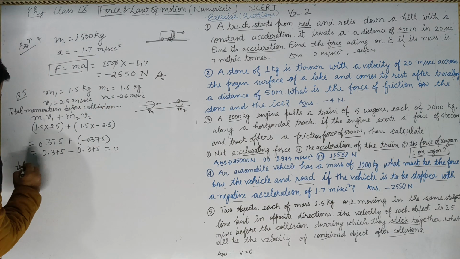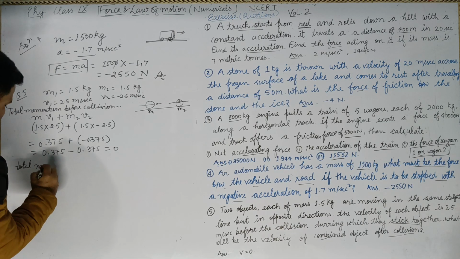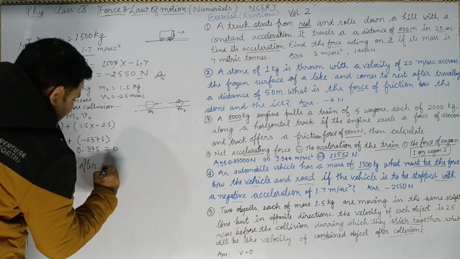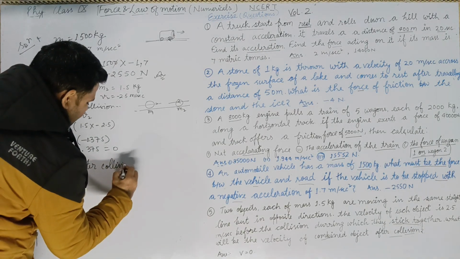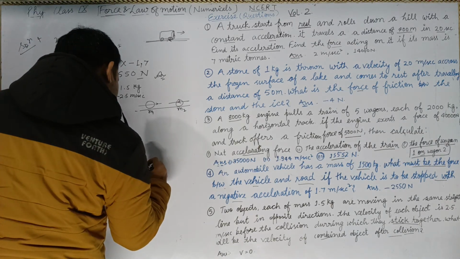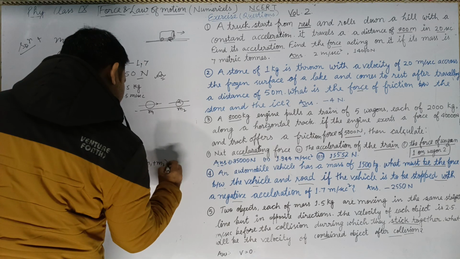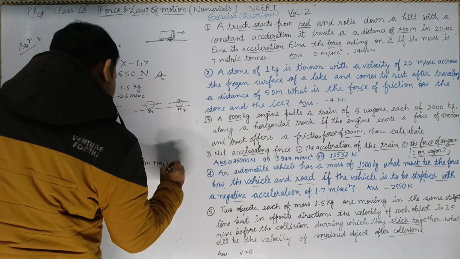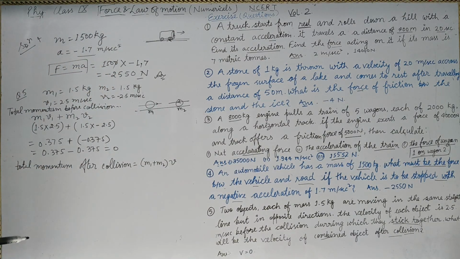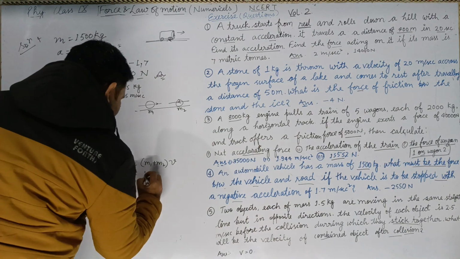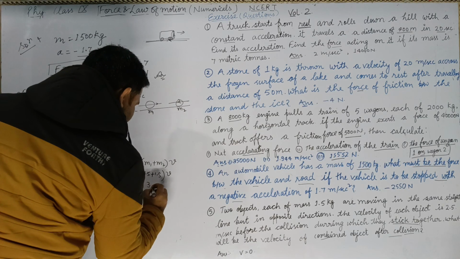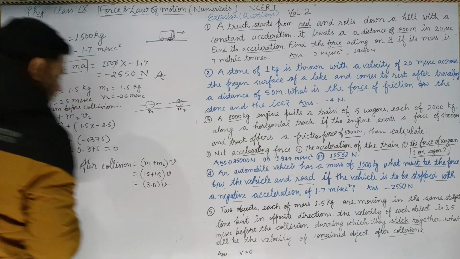The total momentum after collision is equal to total mass, m1 plus m2, and velocity, which we have to find. Mass is 1.5 plus 1.5 and the velocity we have to find. It is 3.0 v.